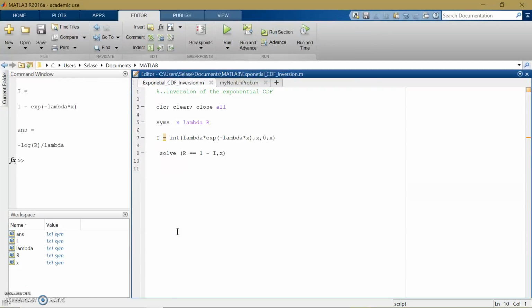As you can see in the results in the command window, our I is 1 minus the exponent of negative lambda times x, and when we subtract that to find our r of x, the answer we get is the negative log of r over lambda, which is what you would get if you solve this mathematically. So that is how we find the inversion of the exponential CDF using MATLAB.